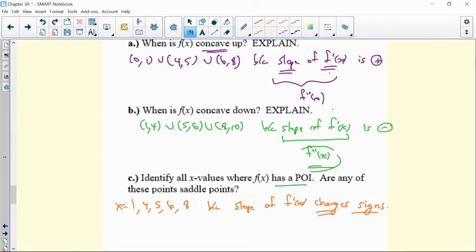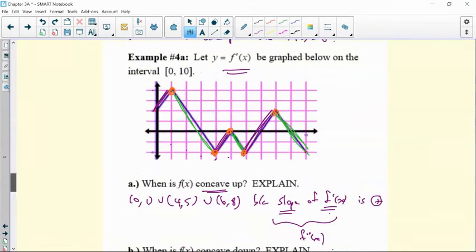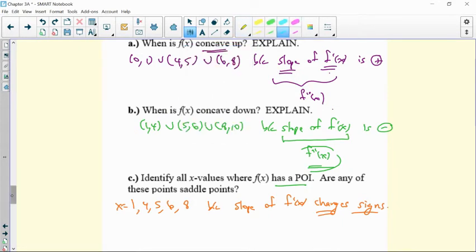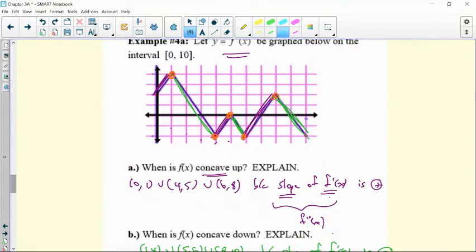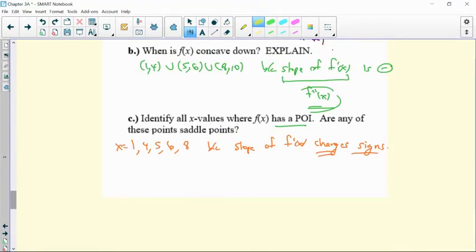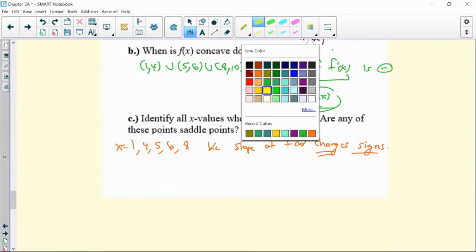Now, of those, are any of them saddle points? Remember, saddle points have to have a first derivative equal to 0 as well. So thinking visually, if you sit on the x-axis, your first derivative is also 0. So right there is my saddle point, but I can't just say it's because it's on the x-axis. So interpret: it's a saddle point because it's a point of inflection whose first derivative is also 0.